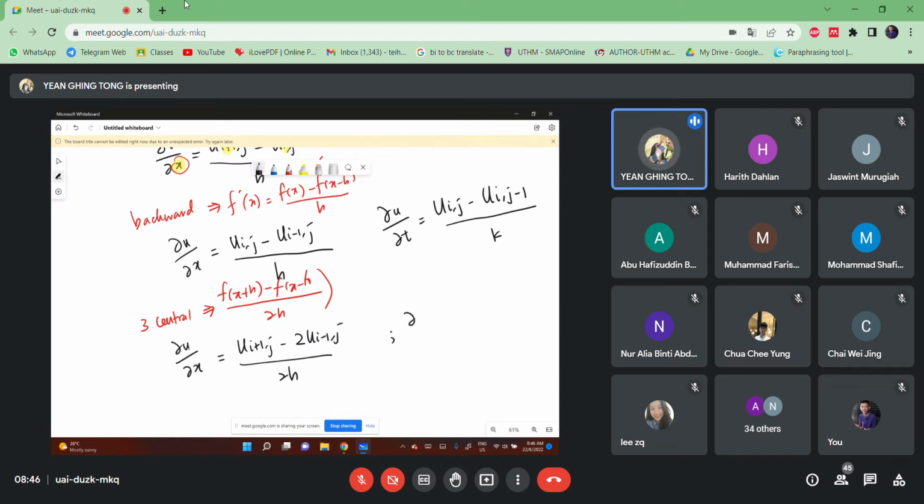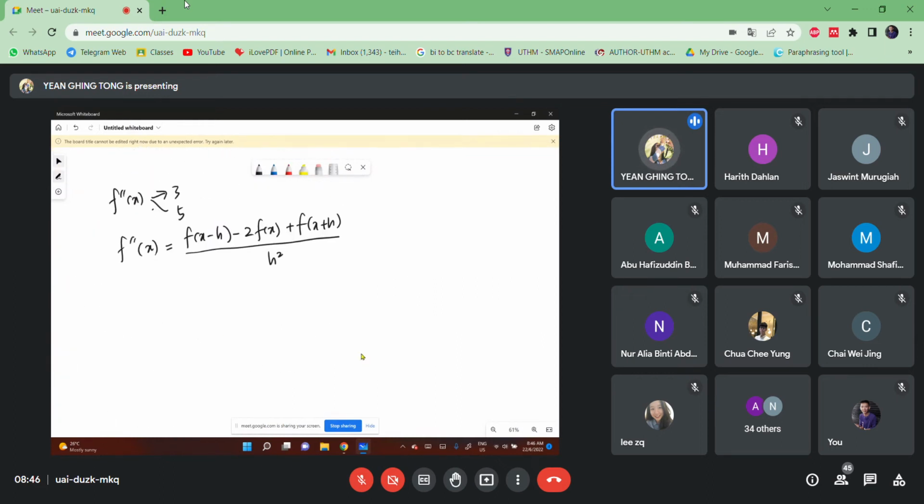If let's say del u del t becomes Uij plus 1 minus Uij minus 1, and this is 2k. Okay, this is if we use 3-point center. Go back to this one.